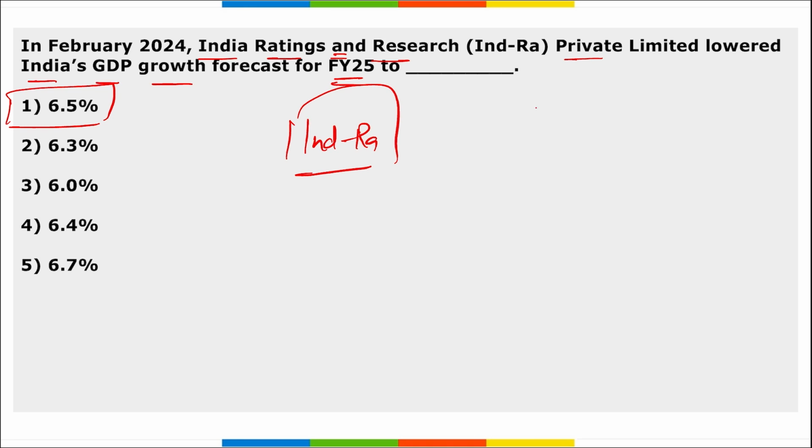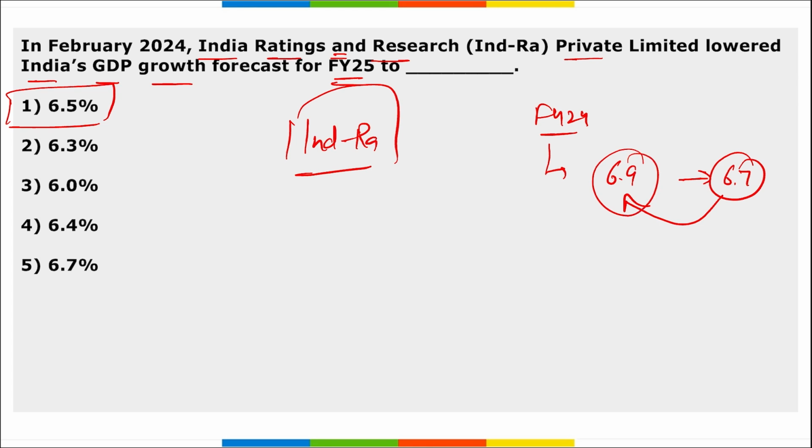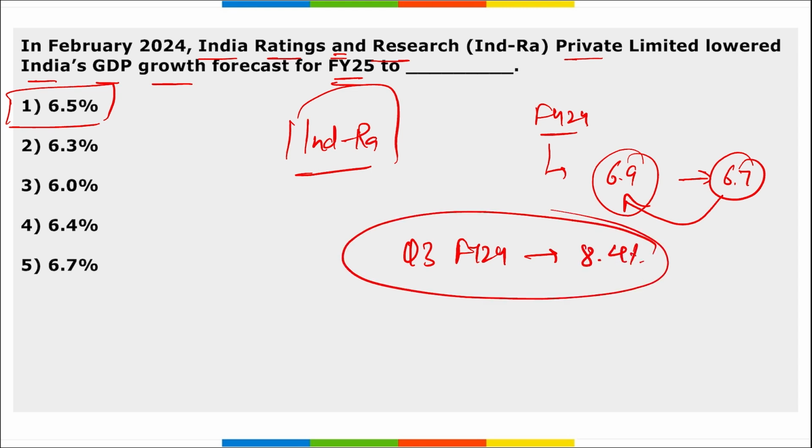And they have increased India's GDP forecast for financial year 24 to 6.9%. That was earlier 6.7%. But if we talk about the third quarter of fiscal year 24, India grew by 8.4%. Right?